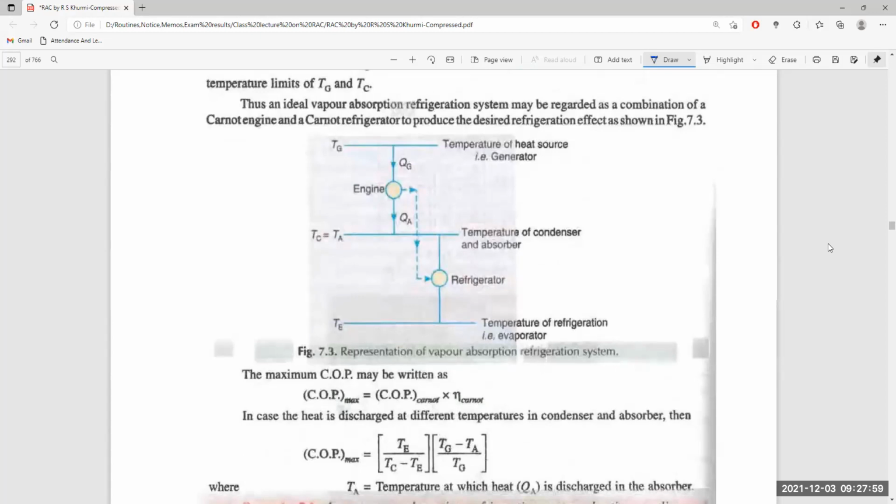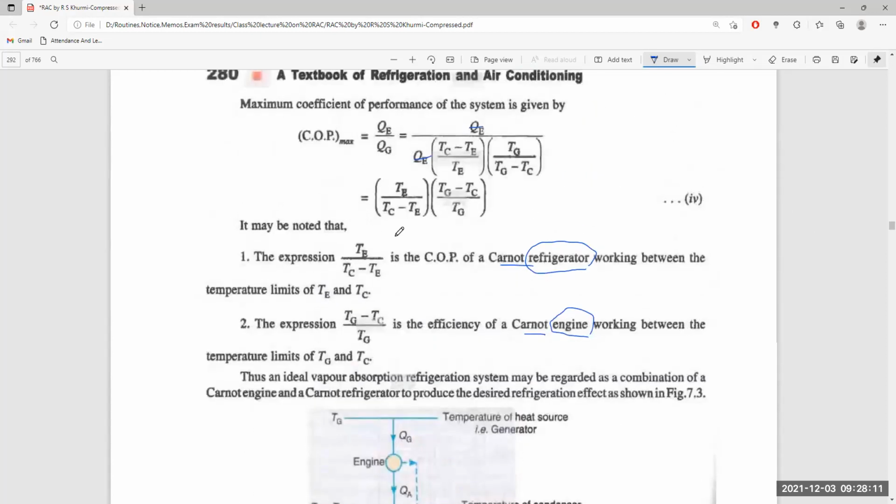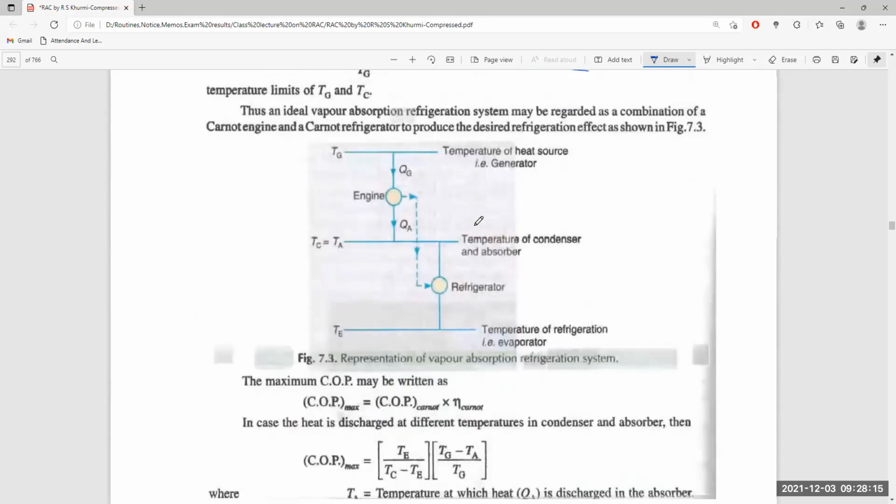The maximum COP can be written as the COP of the Carnot refrigerator multiplied by the efficiency of the Carnot engine.